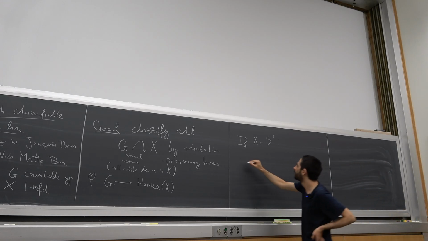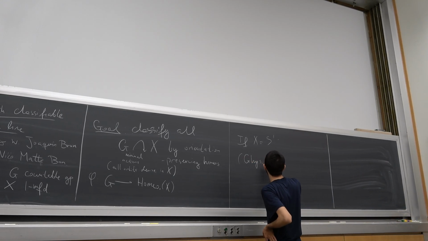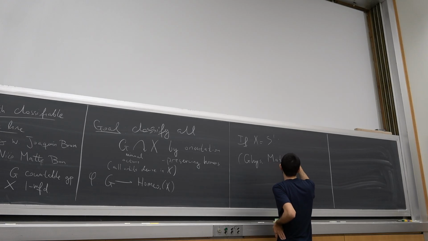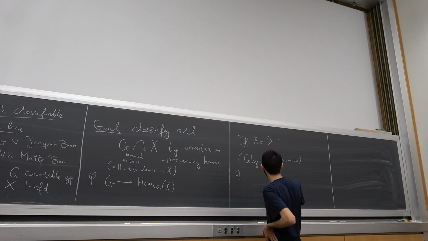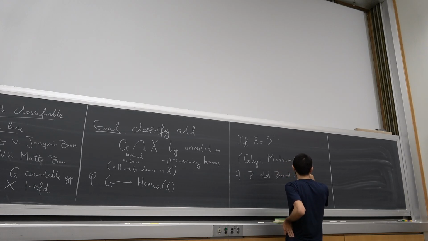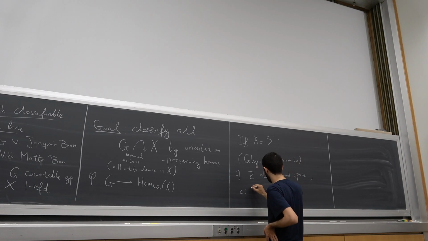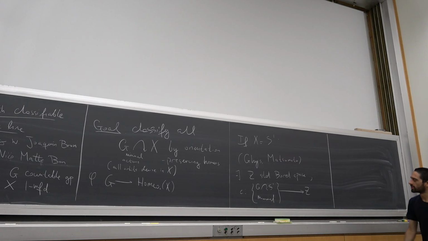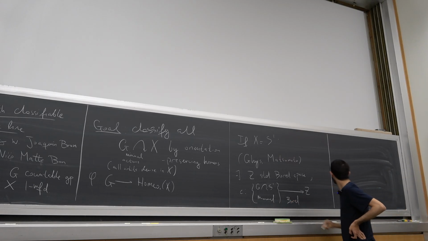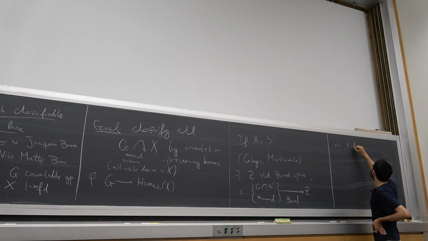As a result of Ghys, later clarified by Matsumoto, there exists Z, a standard Borel space, and a map from the space of minimal actions on the circle of G to Z, which is also Borel, such that the fibers are exactly the conjugacy classes of minimal actions.